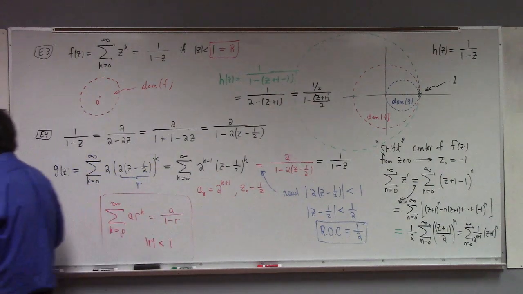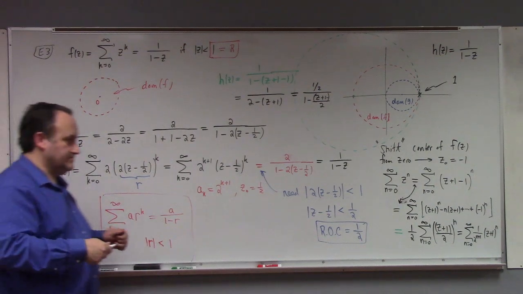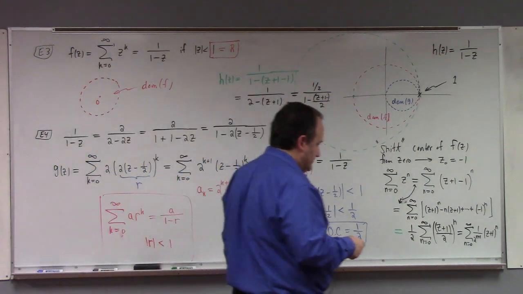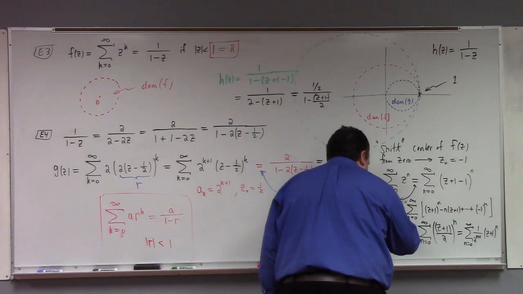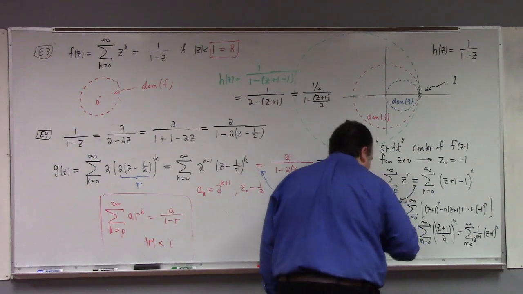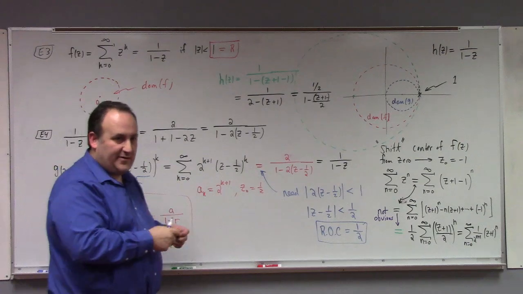What's the radius of convergence? So just to be clear, this is not obvious. That would be a page of calculation for me.